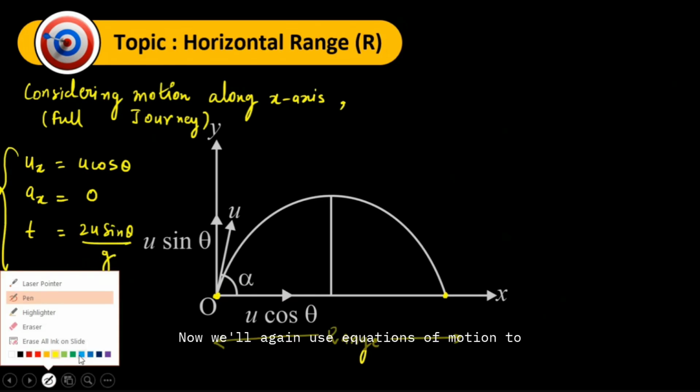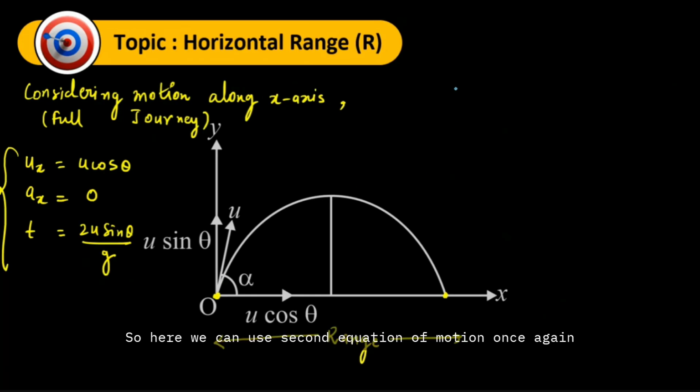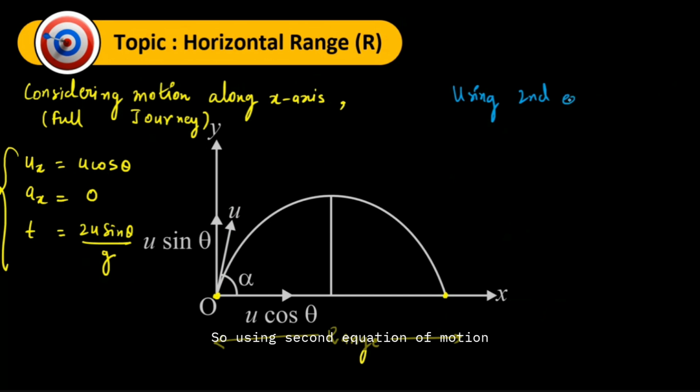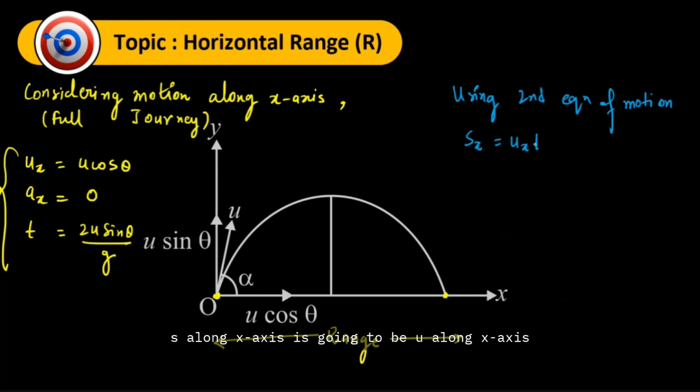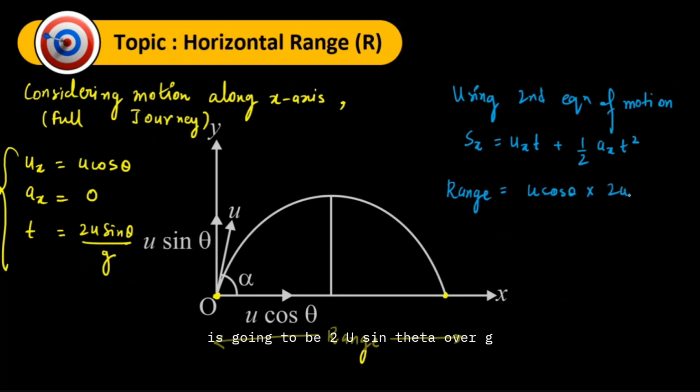Now we'll again use equations of motion to find out the range. Here we can use the second equation of motion once again. S along x-axis is going to be u along x-axis into t plus half of a along x-axis into t square. This S along x-axis is going to be range, ux is going to be u cos theta, time is going to be 2u sine theta over g, and acceleration, as you know, is 0, so that whole term will become 0.